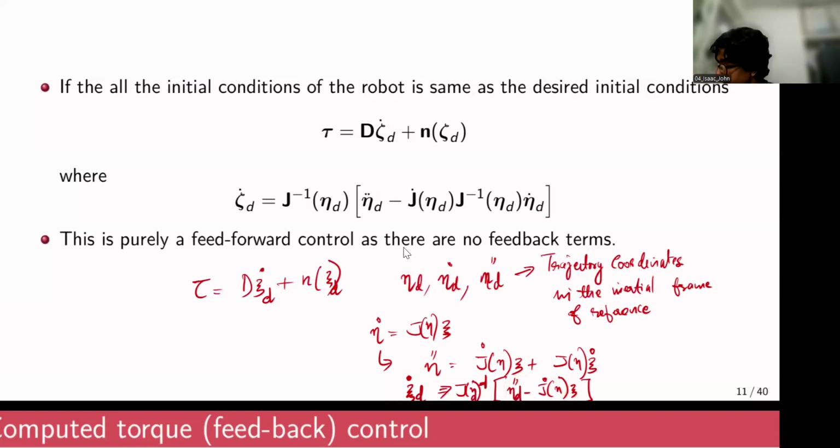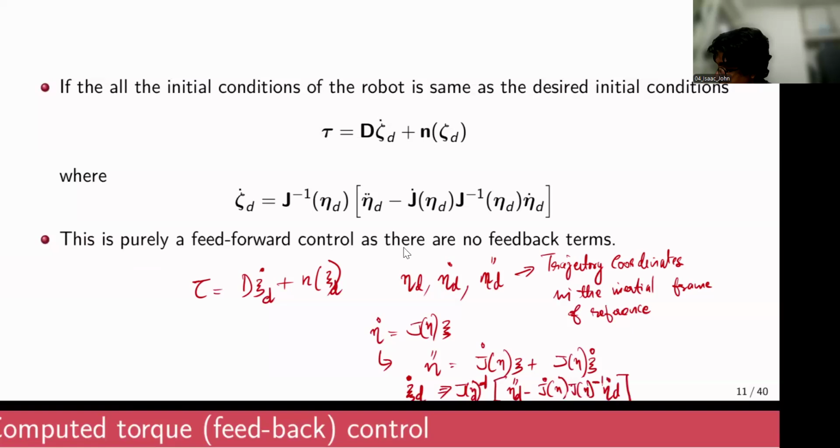Everything becomes desired. And this theta, you can replace using this equation, J of eta inverse eta dot. So this term becomes J of eta inverse eta desired dot. Every coordinate is replaced with the desired coordinates.